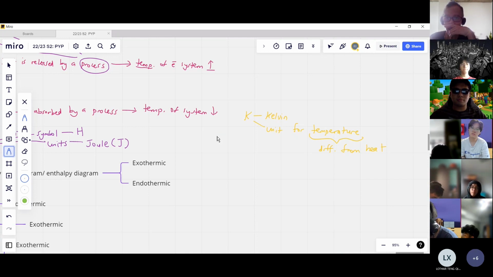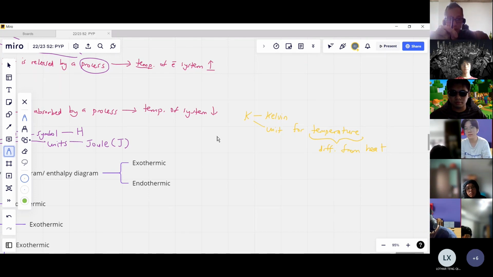Now temperature, I know it means the degree of how hot it is or how cold it is, but temperature is not the same measure as heat. Heat is energy, but temperature is just the level of hot or level of cold.